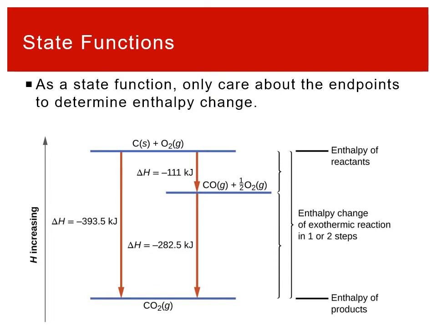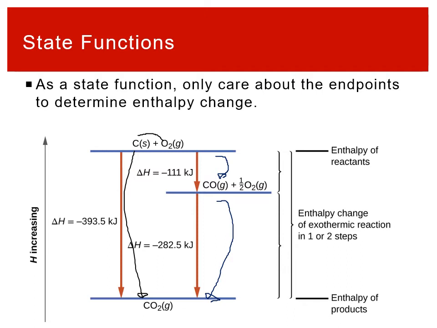What that means is the change in enthalpy between two different states, in this case, basically mixtures of reactants and products, doesn't depend on how we make those changes, just on the endpoints. So the delta H of going from, say, carbon and oxygen directly to carbon dioxide would be the same as if we did it in a two-step process, where first we create carbon monoxide and then the carbon monoxide becomes carbon dioxide.